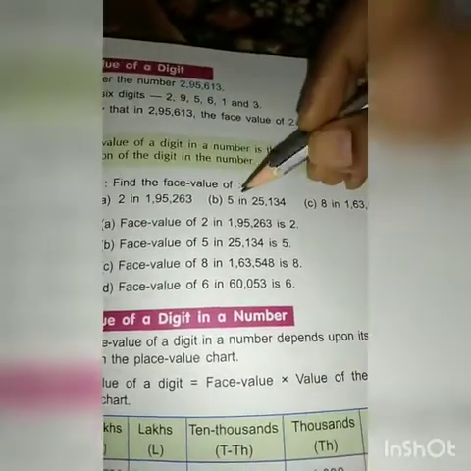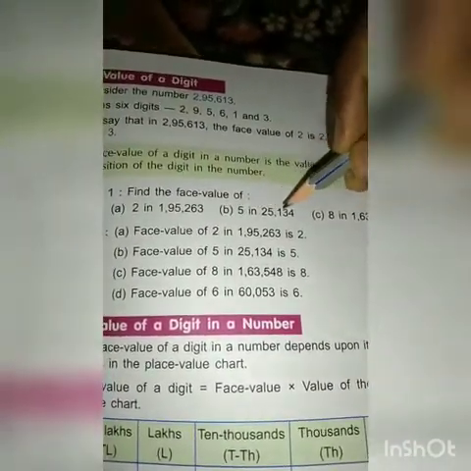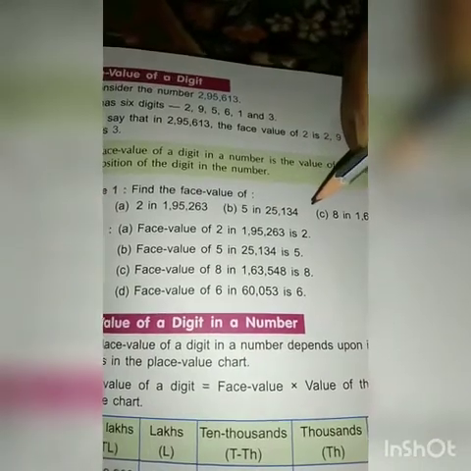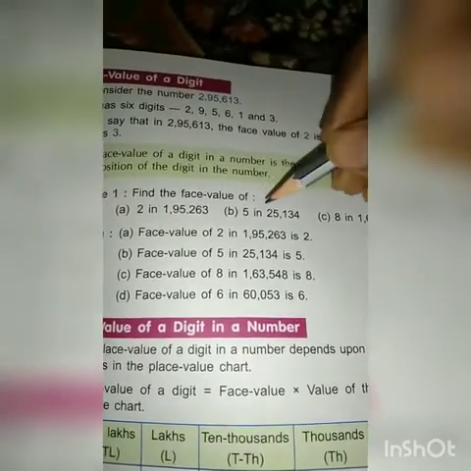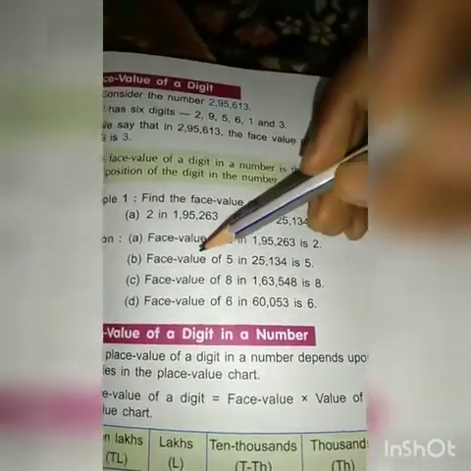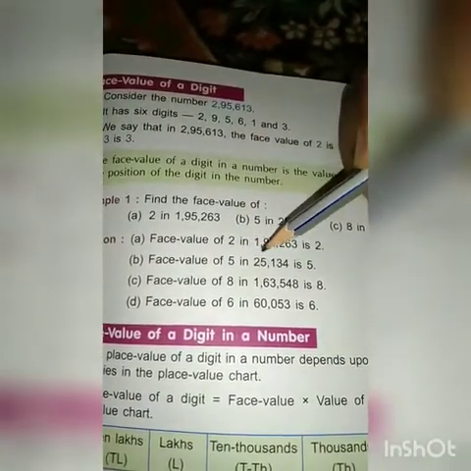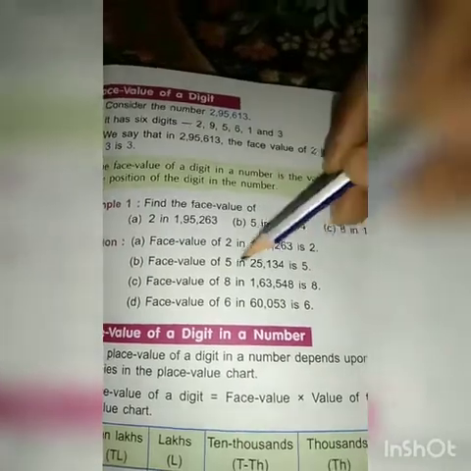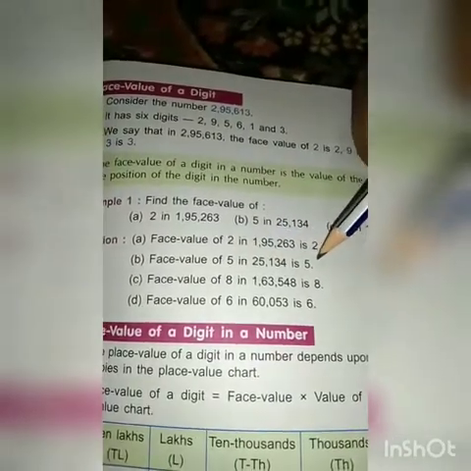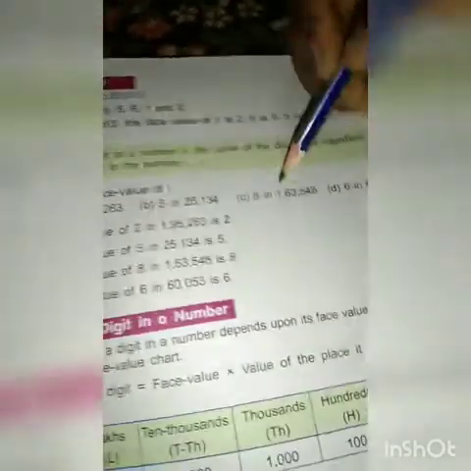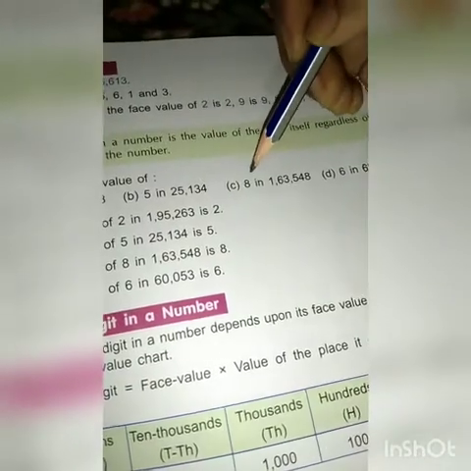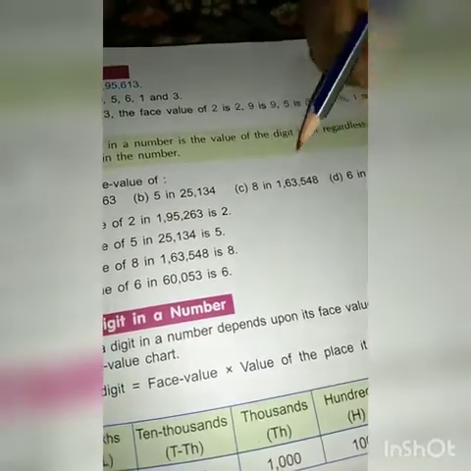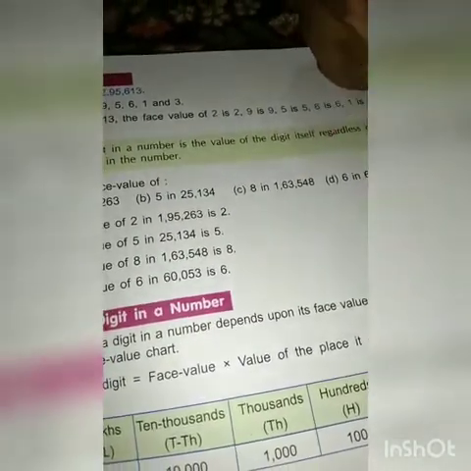B question, 5 in 25,134. The answer will be: face value of 5 in 25,134 is 5. Clear? The face value of 5 will be 5 only. C, question number C is 8 in 1,63,548.